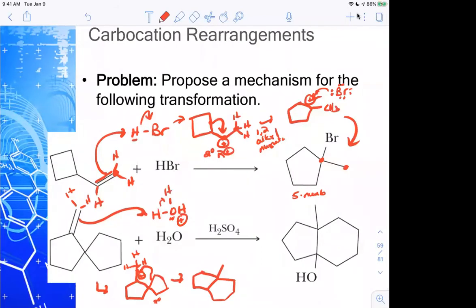And what I'm going to end up with is the positive charge here. Right, so this is the carbon that ends up there.